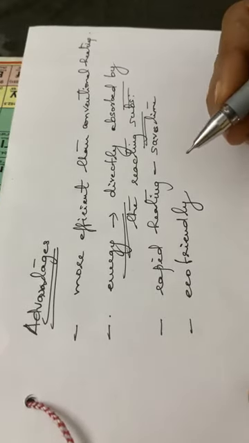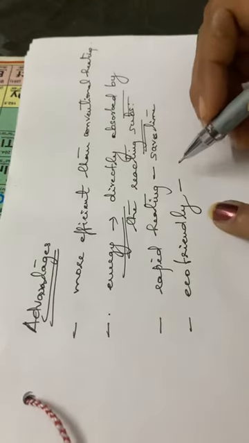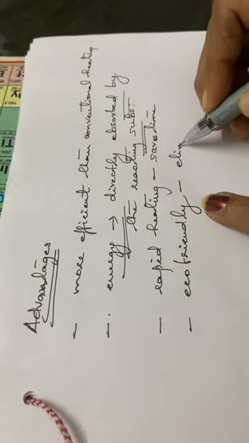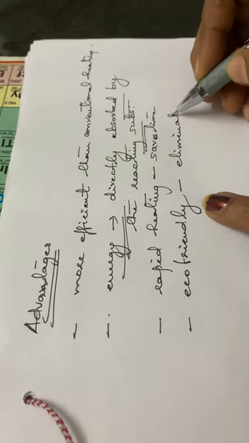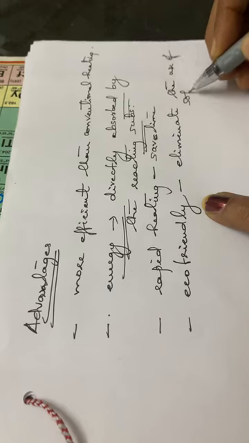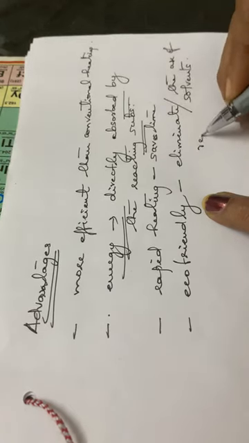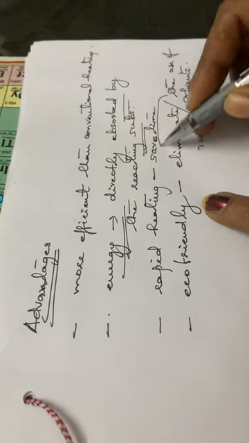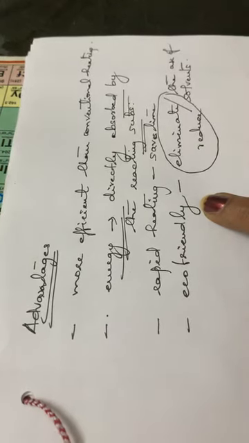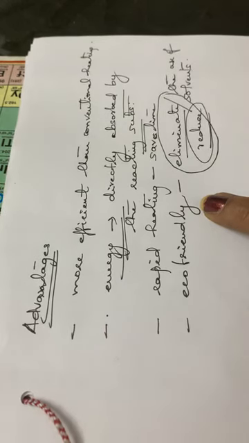Sometimes we can eliminate the use of solvents, isn't it? In some reactions we can eliminate the use of solvents by using microwave assisted synthesis, or else we can reduce the use of solvents. Anyway, it is a greener method of organic synthesis, isn't it? Either we can eliminate or we can reduce the amount of solvents to be used in a particular organic reaction or in a particular organic synthesis.